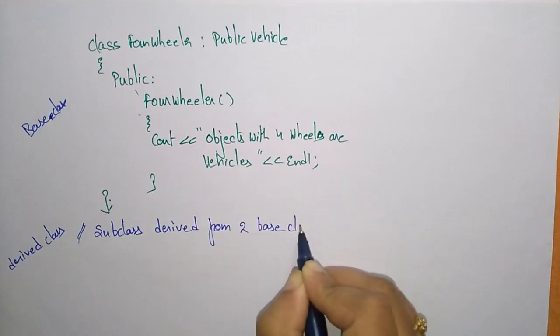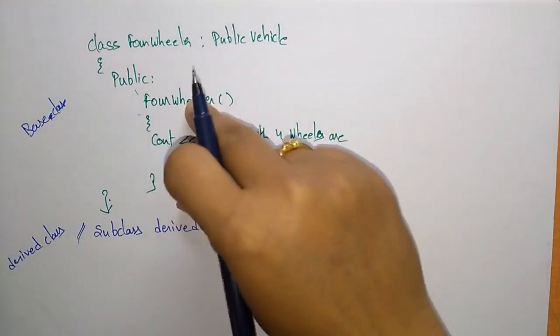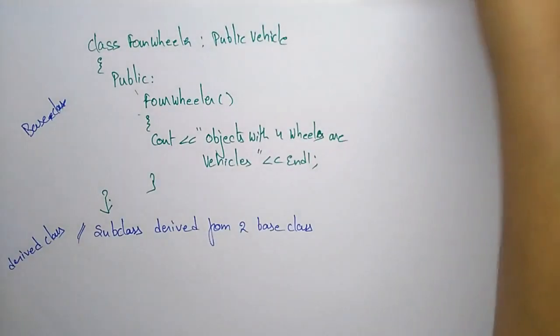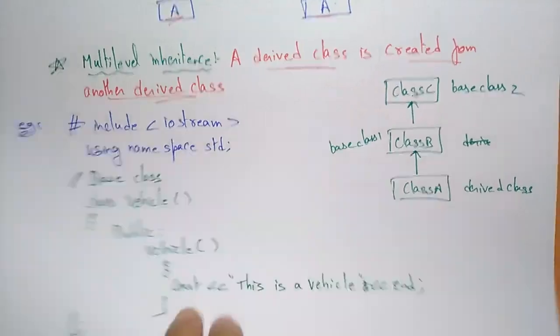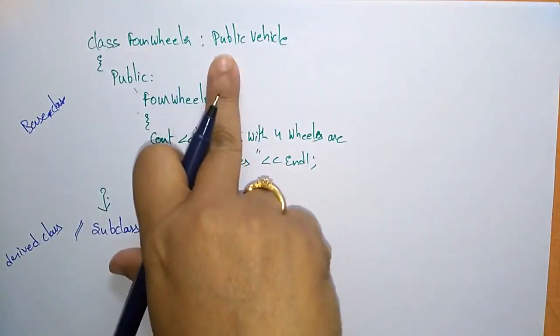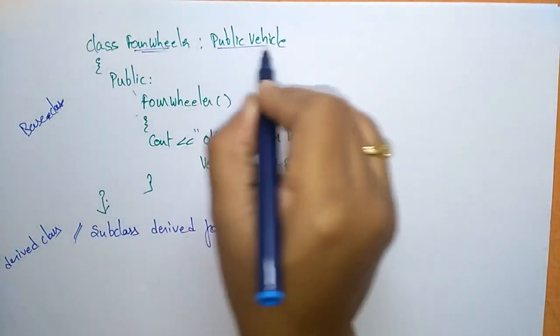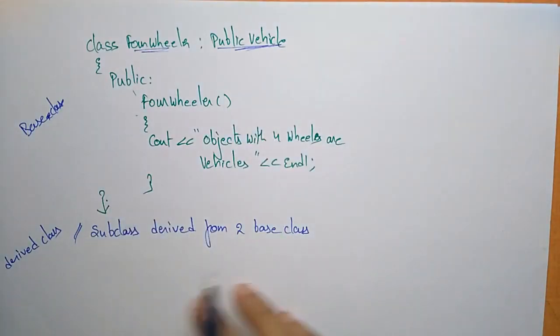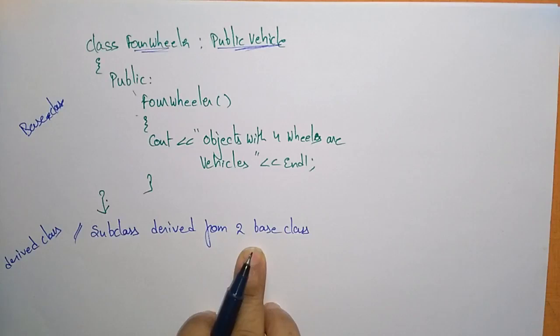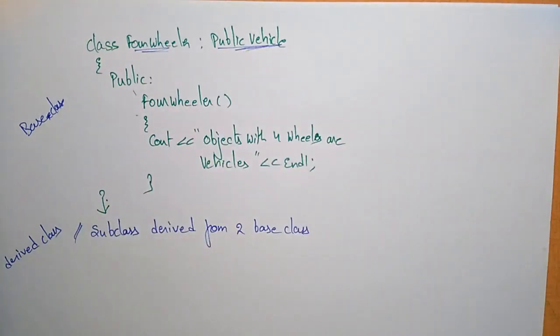You can see this is one base class, and the vehicle I have written is another base class. So one base class is acquiring the properties of another base class. Now I am writing the derived class, which will inherit the properties of these two base classes.